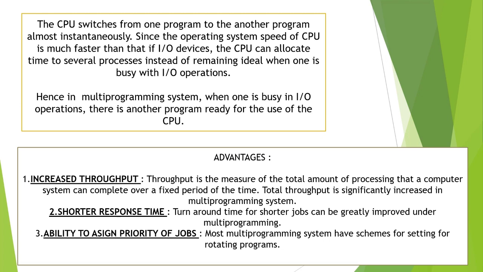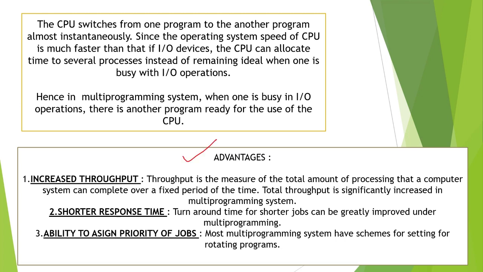Since the operating speed of the CPU is much faster than that of the I/O devices, the CPU can allocate time to several programs. The CPU can perform its job at a fast rate, then switch to another program, and then another. In this way, the CPU utilizes all its effort properly, so the CPU will never be idle.